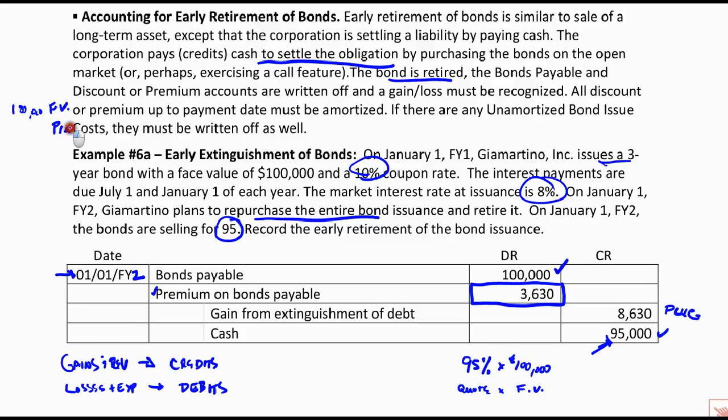Add a premium or less a discount. 3,630. That's 103,630. This is the carrying value.